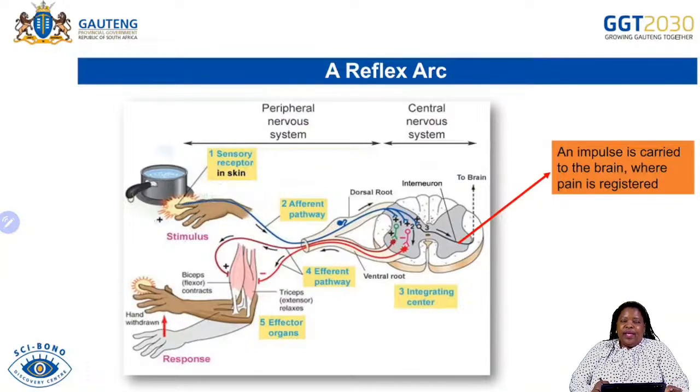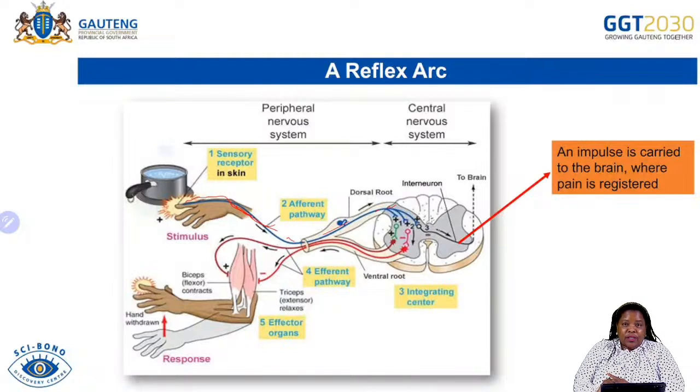Then what is going to happen? The impulses are going to be transmitted through what? The afferent pathway. Remember, relate the afferent with what? The sensory neuron. So the impulses are going to be transmitted through the afferent pathway. Where to? To the dorsal root. Now, from the dorsal root, what is going to happen?